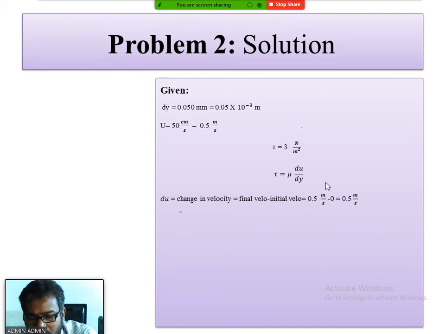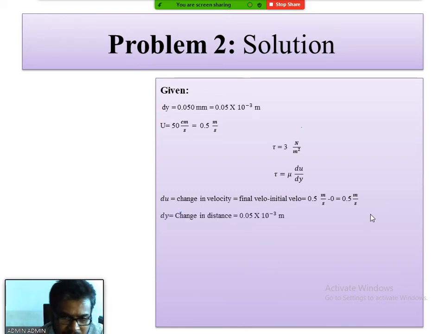So the change in velocity is 0.5 meter per second. The change in distance, as we had taken, is 0.05 into 10 raised to minus 3 meter.